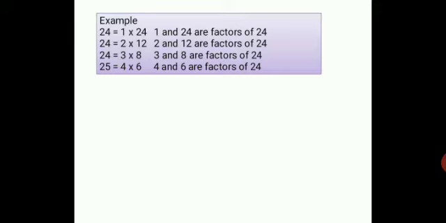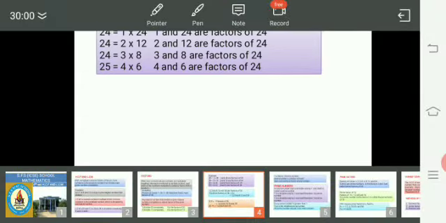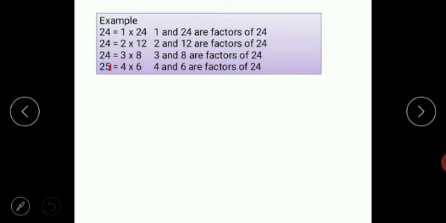So those two numbers are the factors. So here 2 and 12 are the factors of 24. 3 8s are 24. So 3 and 8 are the factors of 24. 4 6s are 24. So 4 and 6 are the factors of 24.